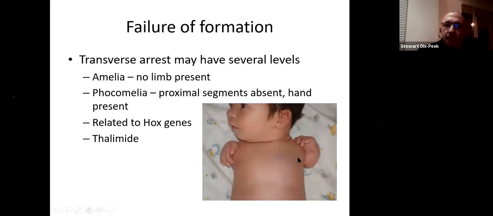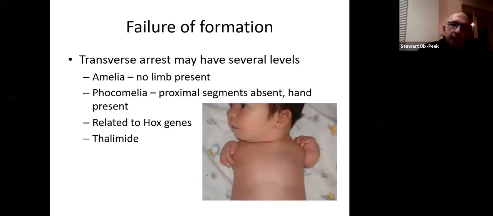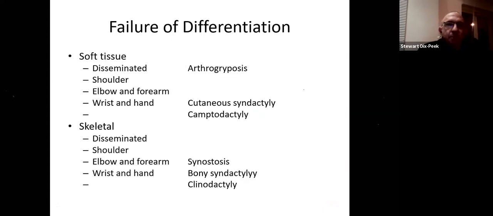And I'm assuming that somewhere here on the left-hand side, there is a thumb present. Certainly there's a thumb on the right. So that's a transverse arrest. A longitudinal arrest will lead to what we've discussed this evening, the Tibial Aplasia, Fibula Hemimelia groups.